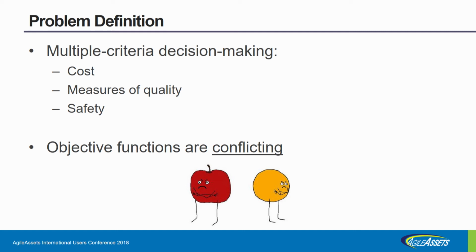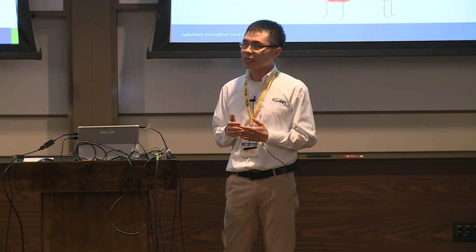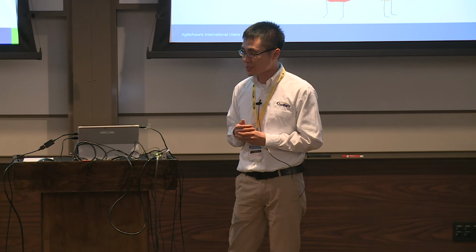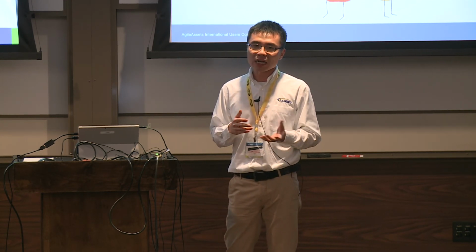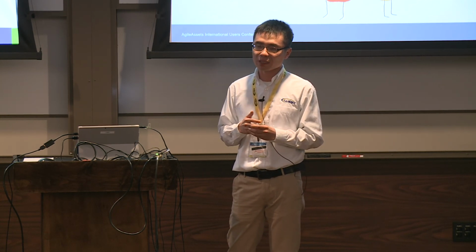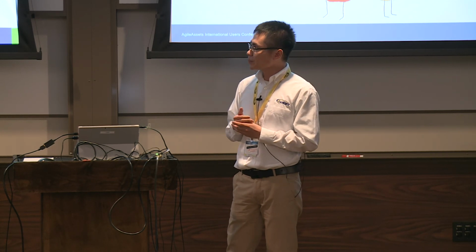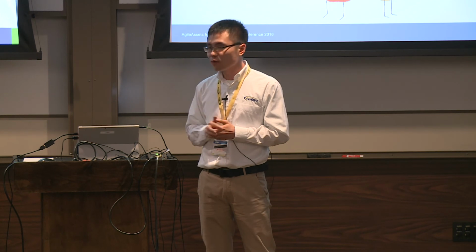So taking all this into account, when we're trying to balance funding or resource allocations between different asset types, it becomes very difficult and challenging to visualize and evaluate the overall impact of different investments against an overall objective.